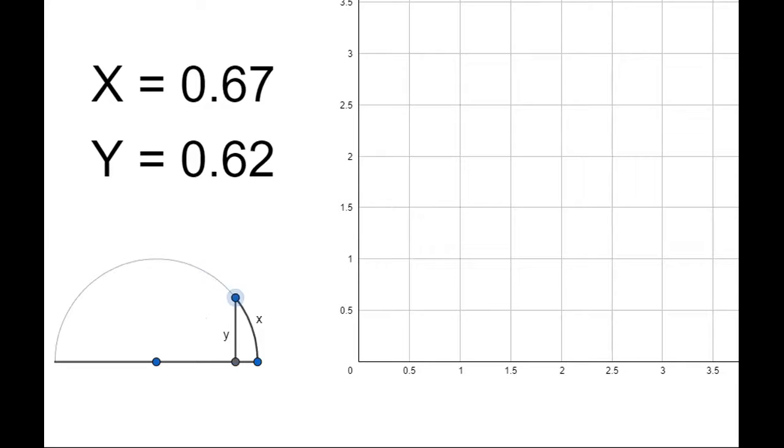So why don't I take a point on this graph and we can see how, for different values of x and y, this traces out a curve. If I turn on the trace on this point, we'll be able to see better what that curve looks like.